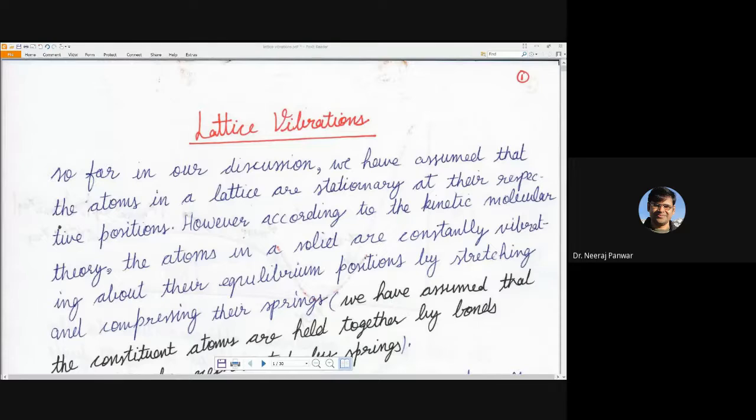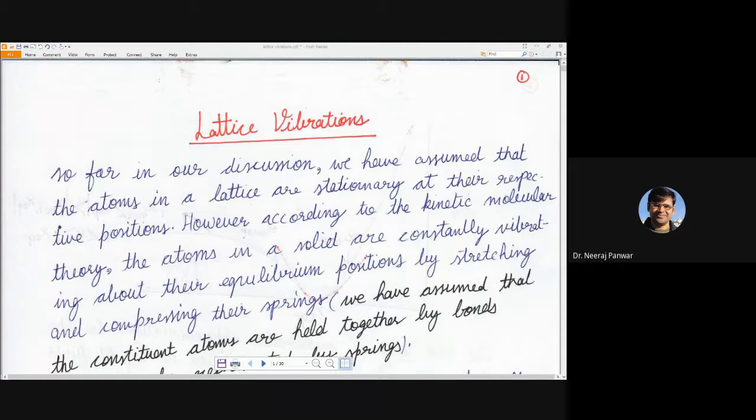All right. Another problem with the band theory of solids is that we consider the ions or atoms to have a periodic arrangement and to remain fixed at their respective sites. They do not move or vibrate.